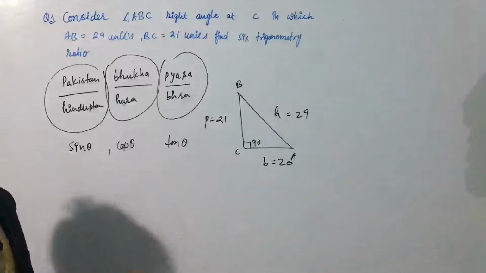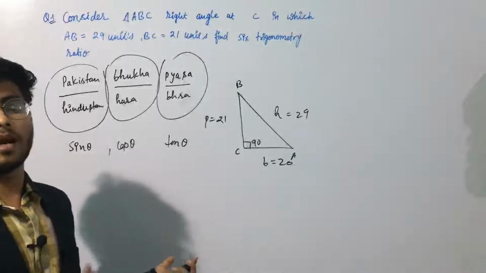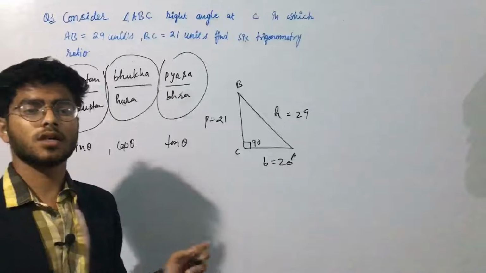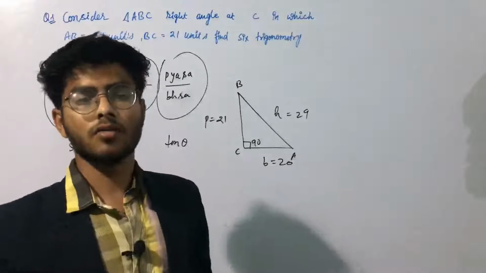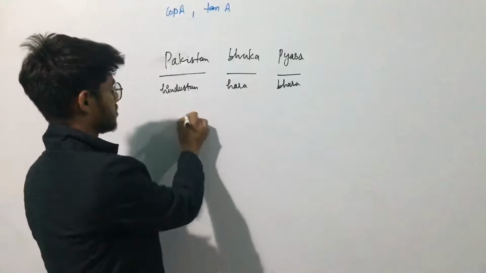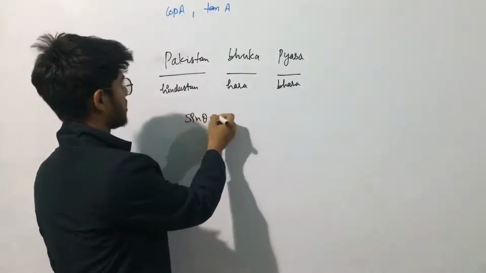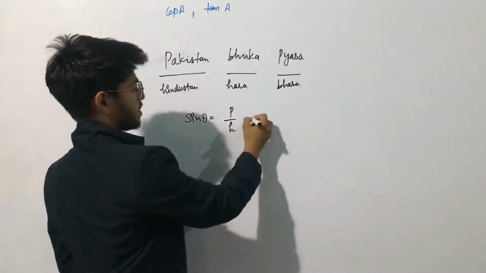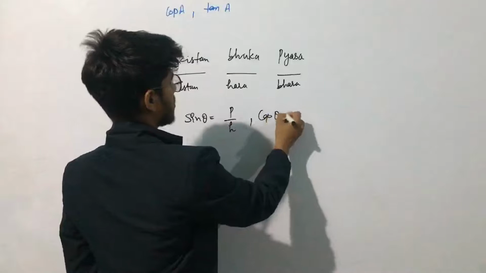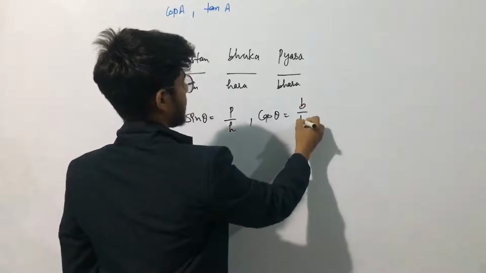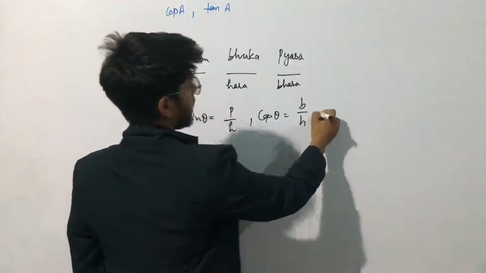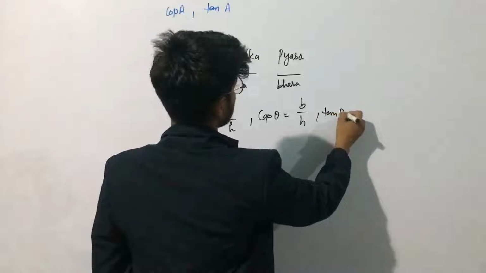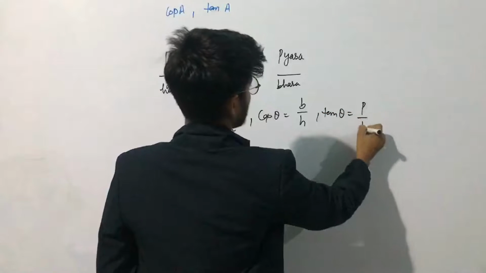And for the other 3 ratios, we take the opposite. So this is the trick to learn the formulas. Sin theta is equal to perpendicular upon hypotenuse, cos theta is equal to base upon hypotenuse, tan theta is equal to perpendicular upon base.